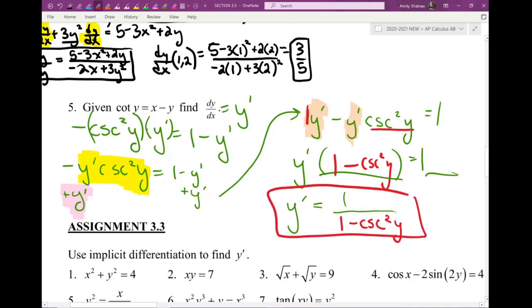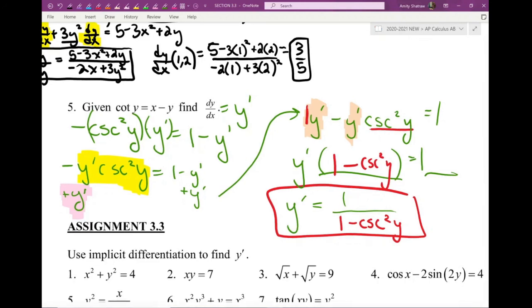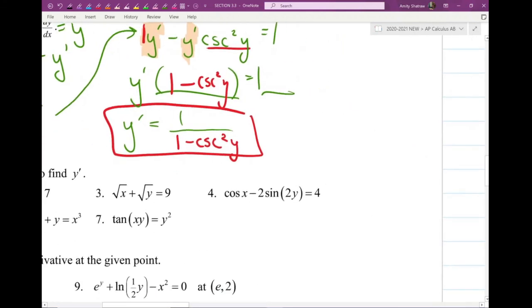No cute substitutions allowed here unless you were to recognize that there is actually an identity, okay? This identity, you may or may not be familiar with it, but if it is a multiple choice problem, they will say that 1 minus cosecant squared y, you might recognize as being the same thing as, if you factor out a negative 1, cosecant squared y minus 1.